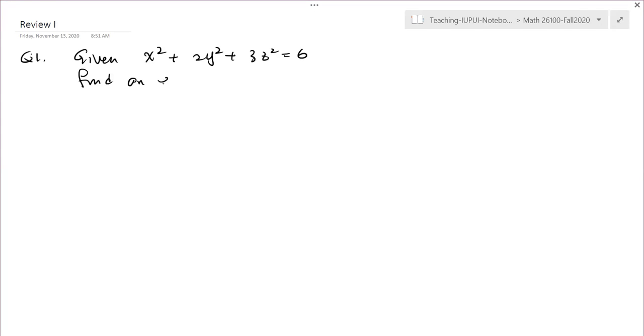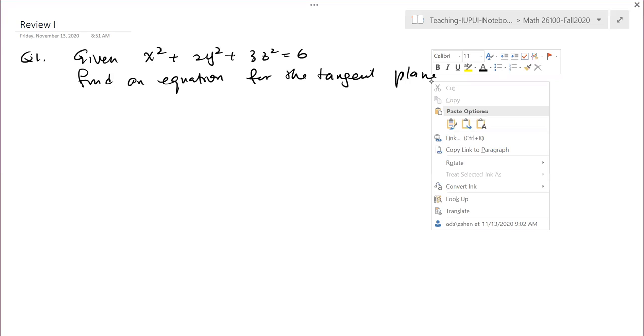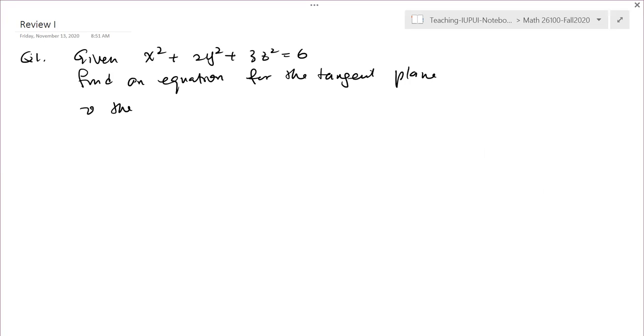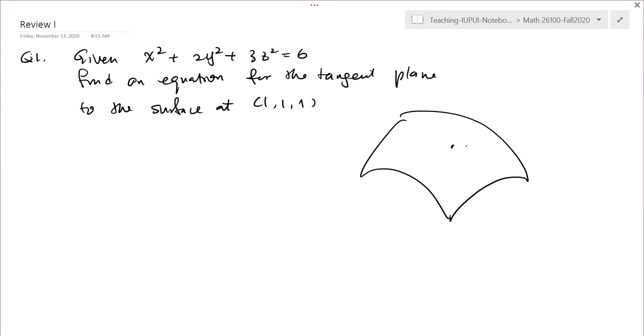So find an equation for the tangent plane to the surface at the point (1, 1, 1), and you check that this is indeed a point on the surface. Okay, this is the surface and this is a point. So we have to find a plane.